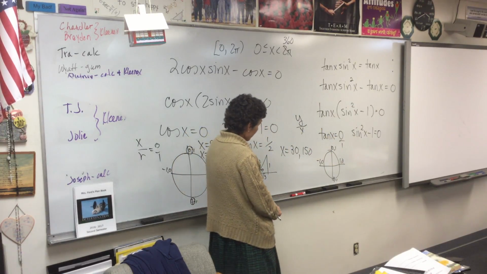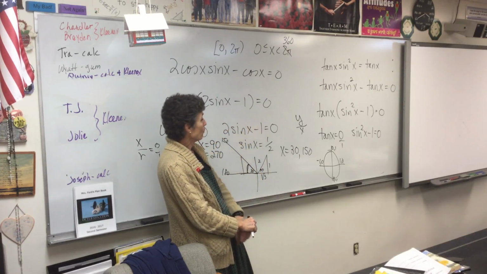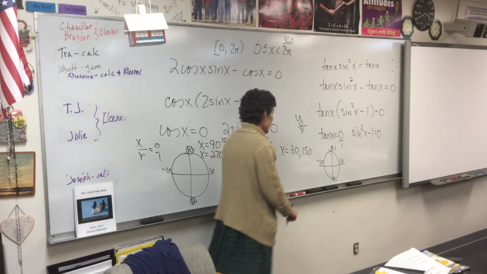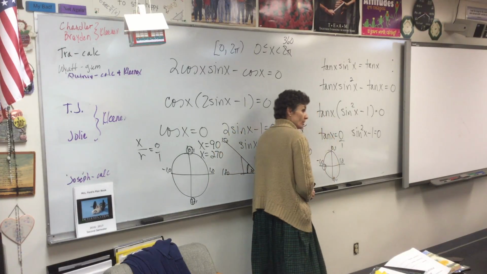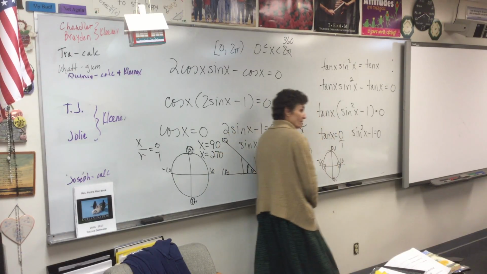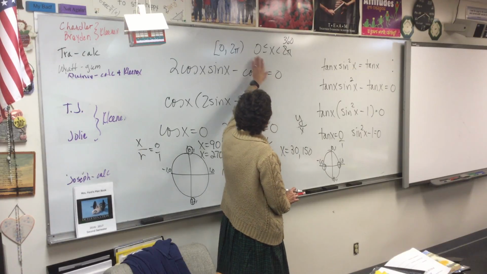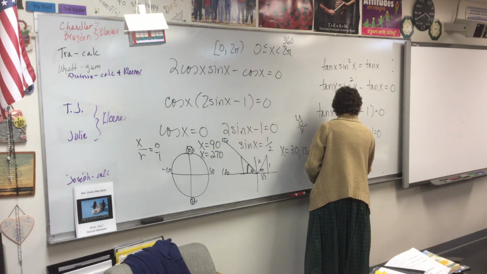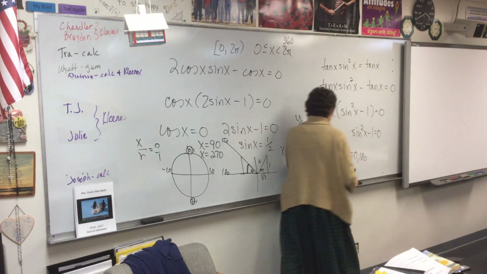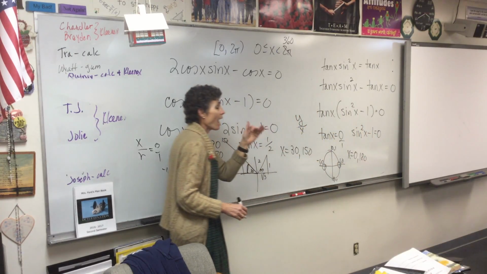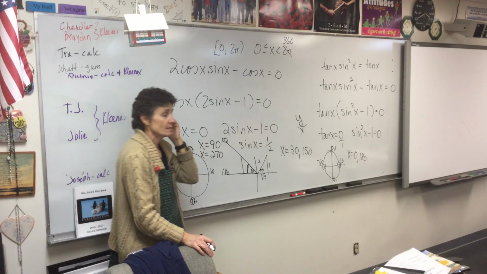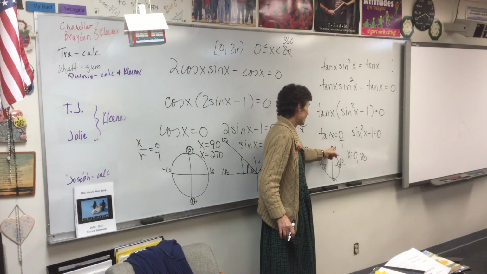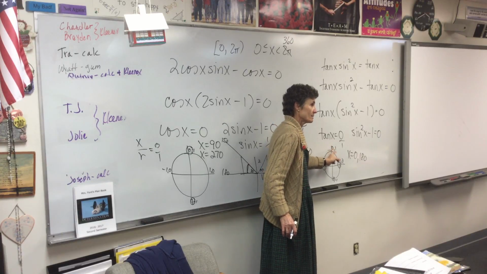So where does that happen if you put y over x? Because that's what tangent is. 180, 360. It happens here for sure, and it also happens here. So instead of saying 360, let's say 0. So 0 and 180 are the answers to this one. Y over x is 0 here and here. Not here and here. This would be undefined, right? If you did y over x.